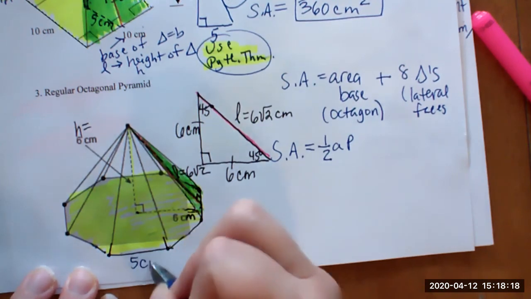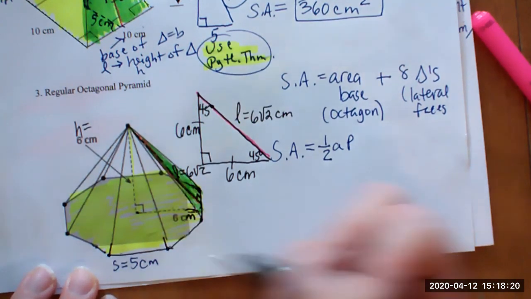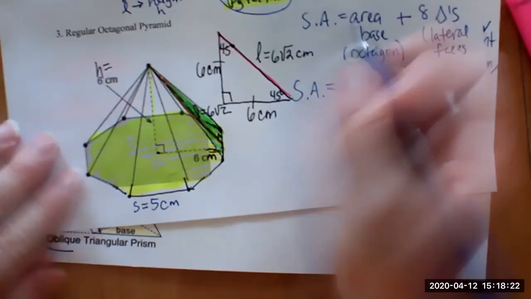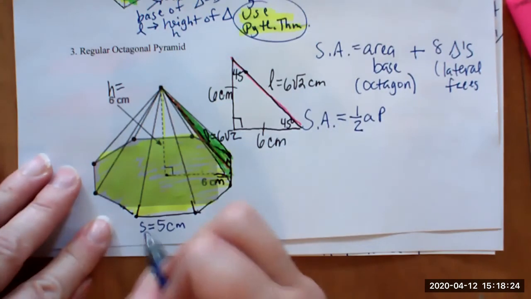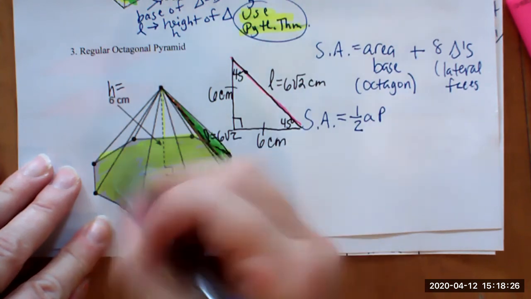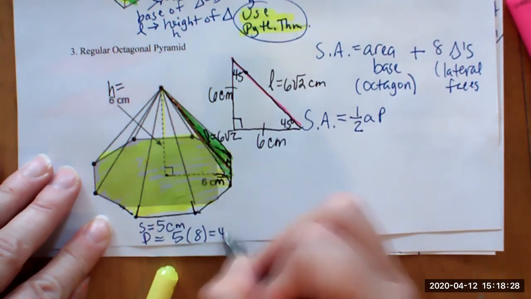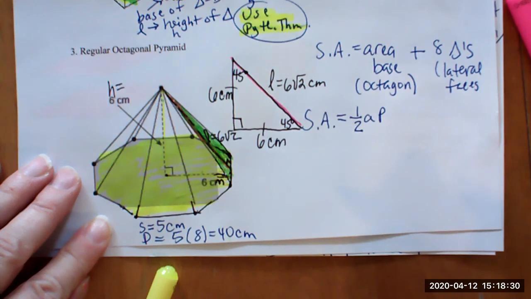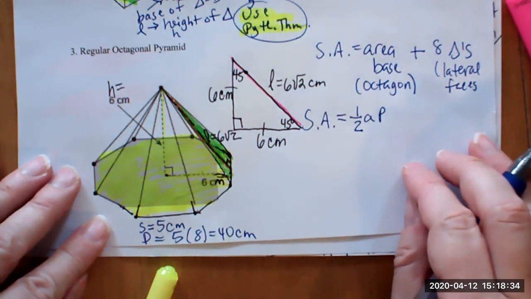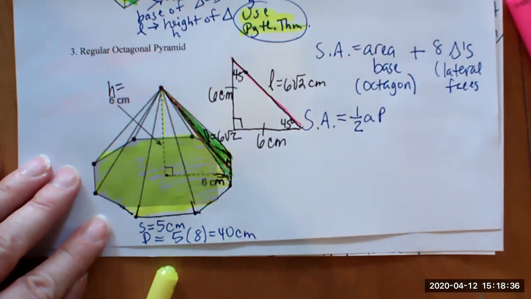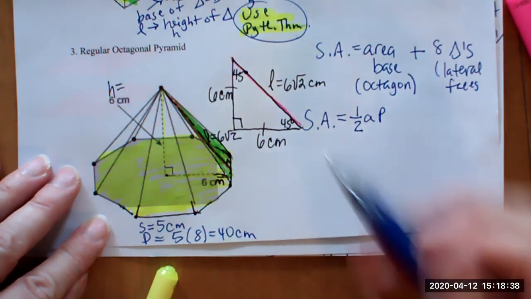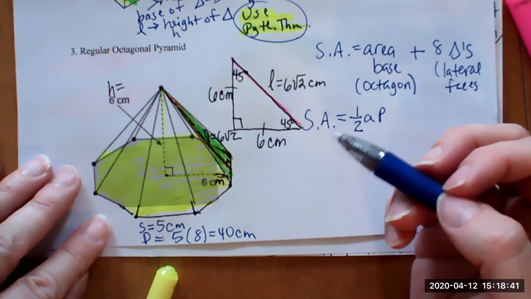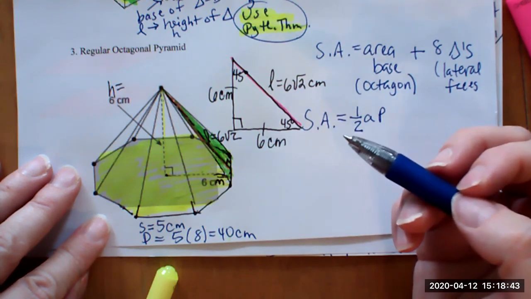The length of each side is 5 centimeters. So the perimeter is easy to get, right? The perimeter is equal to 5, there are 8 sides, 5 times 8, 40 centimeters. So that part's easy. As far as the apothem, we will need to calculate that.